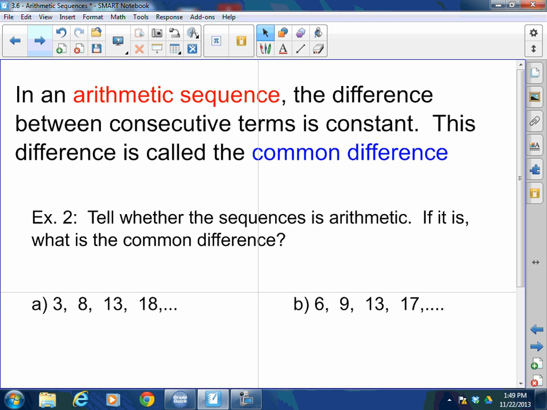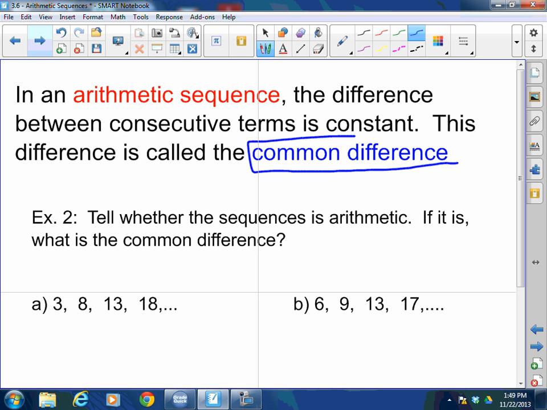So the difference between these two numbers is always going to be the same. This difference, since it's the same for all of them, is called the common difference, which we'll call D.